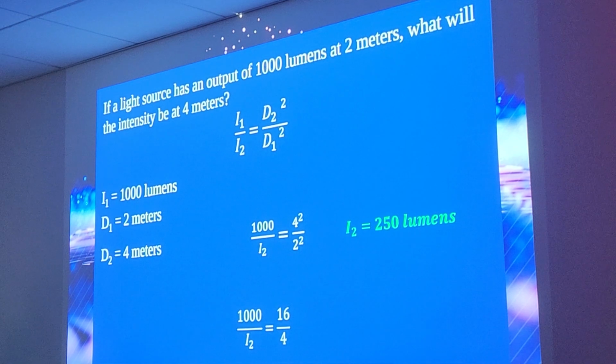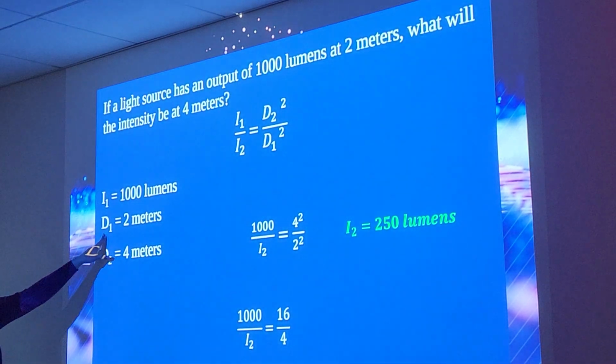If a light source has an output of 1,000 lumens at 2 meters, what will be the intensity at 4 meters? So, we need to plug some numbers in. Intensity 1 is going to be 1,000. And it's asking for intensity 2.